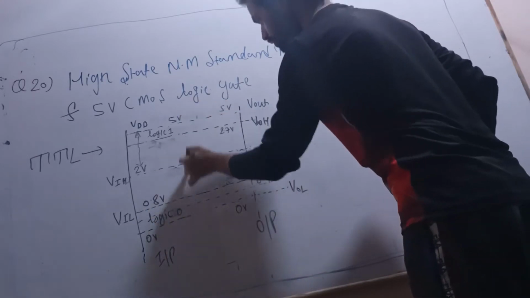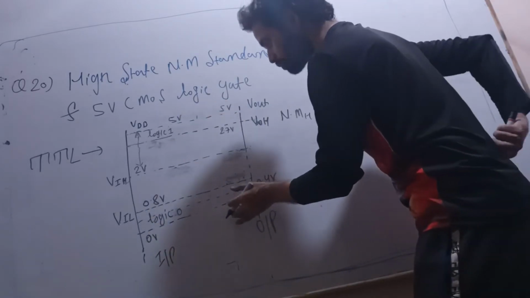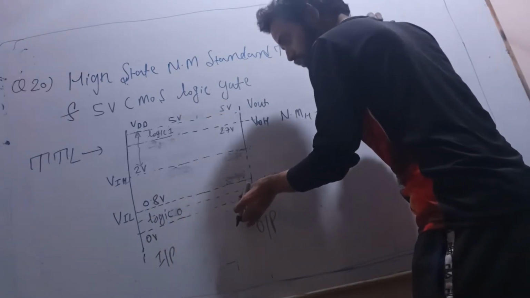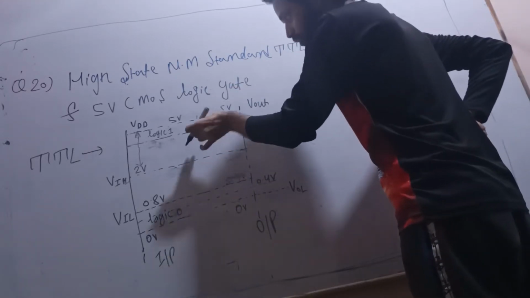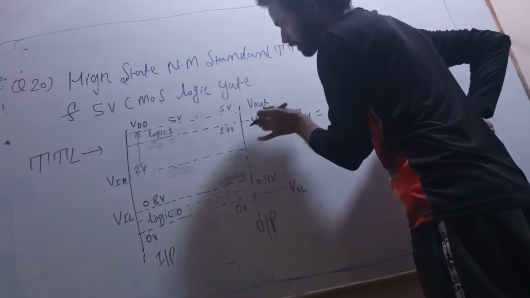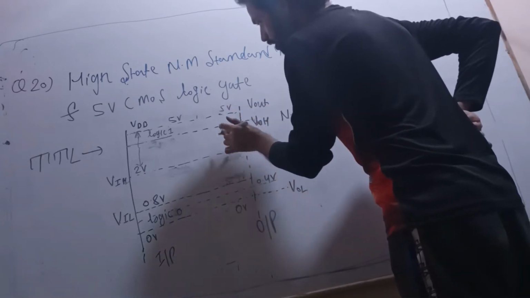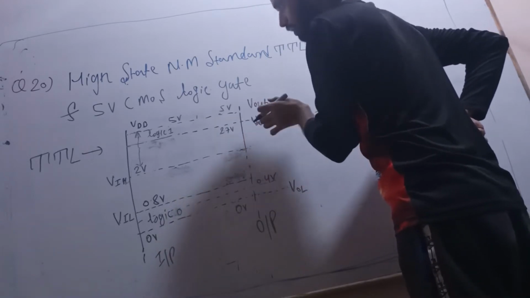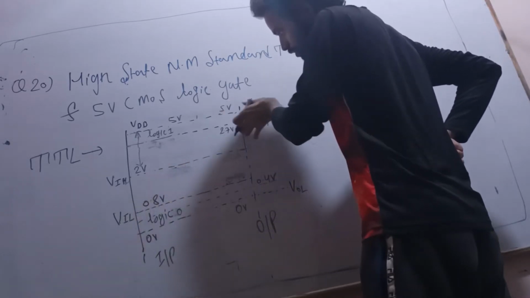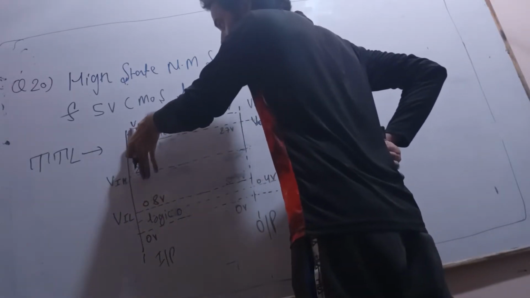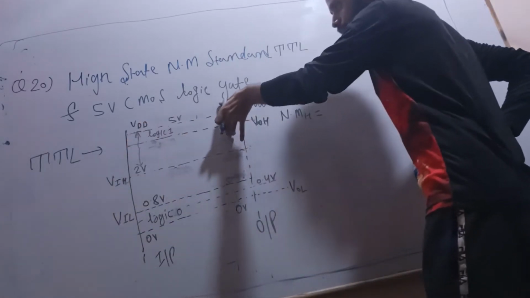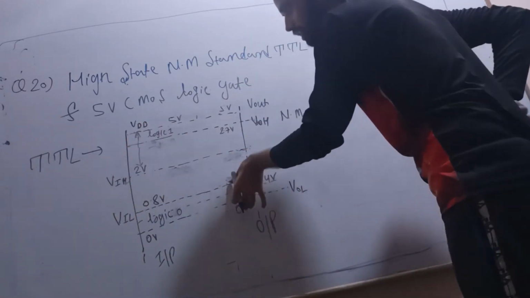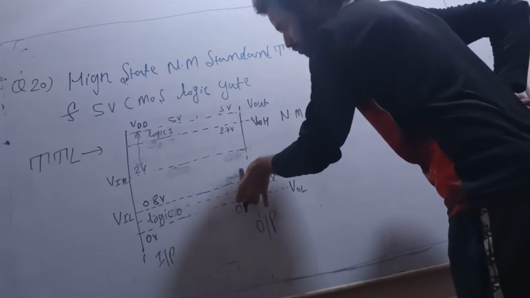Same for the output side: 0 to 0.4 volt gives logic 0, and 2.7 volt to 5 volt gives logic 1. But at the input side the range is large, and at the output side the range is small.